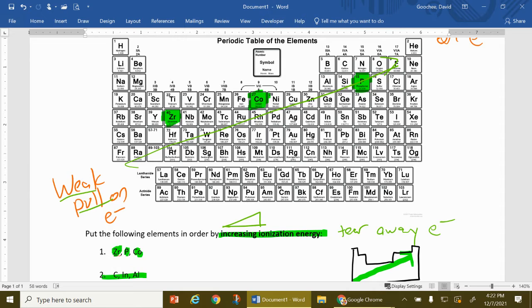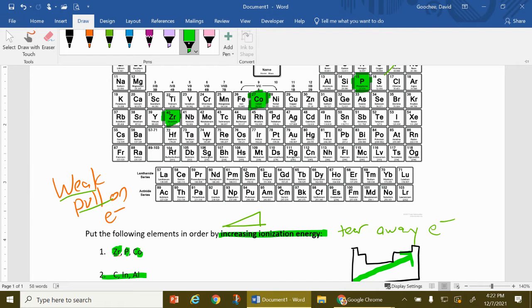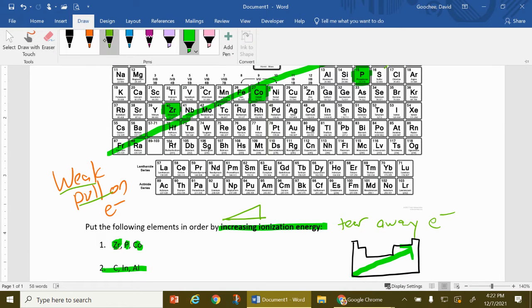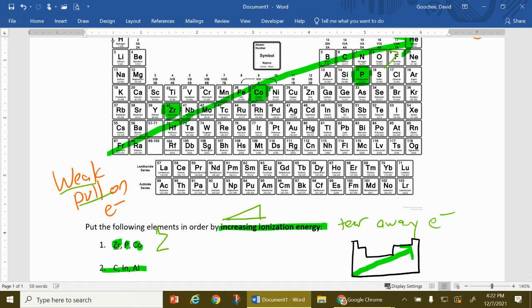The order of increasing ionization energy goes, starting at the bottom, zirconium, cobalt, phosphorus. So the answer is, in order of increasing ionization energy, zirconium is the lowest, followed by cobalt, followed by phosphorus. So that's the order.